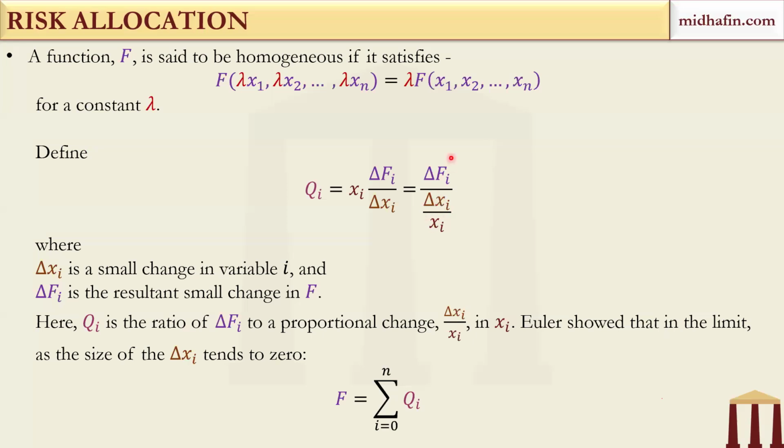When you have a very, very small change, then you can find out the contribution of each of the xi's to f. Is it clear now, Vedant? That is exactly what we are doing.